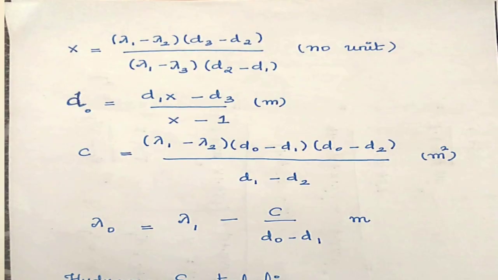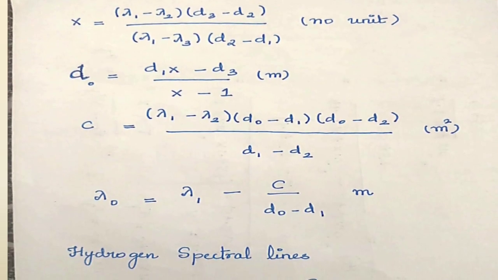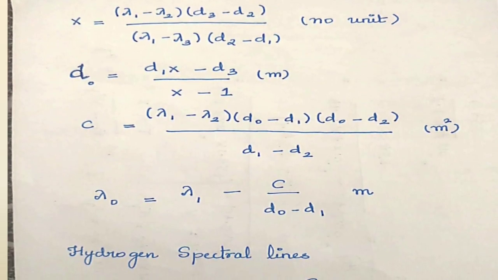The next constant is d0, d1 x minus d3 divided by x minus 1 meter. And next we have c, which is given by lambda 1 minus lambda 2 into d0 minus d1 into d0 minus d2, the whole divided by d1 minus d2 meter square. Next we need to find lambda naught, which is equal to lambda 1 minus c divided by d0 minus d1 meter.